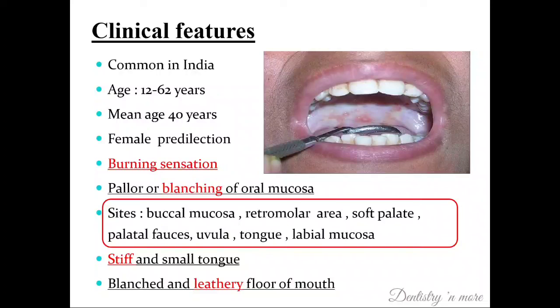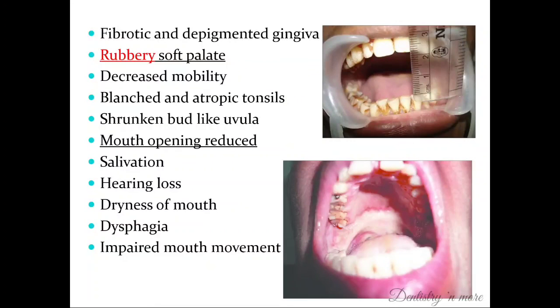The clinical appearances you see in oral submucous fibrosis are a stiff tongue, or a small stiff tongue, microglossia, as well as a blanched or leathery floor of the mouth. Initially it starts off with a vesicle, and then it forms fibrotic bands. Especially in the advanced stage of oral submucous fibrosis, the patient will have trismus.